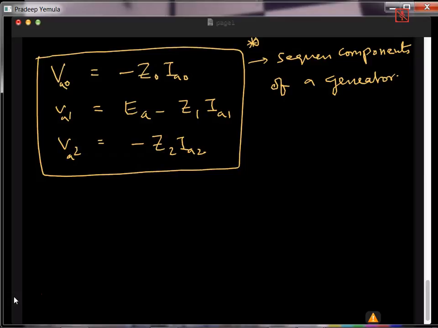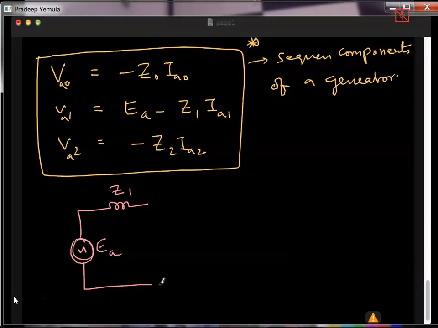This is the voltage source EA, then there is a drop, and finally the voltage outside is VA1, with plus and minus as marked.